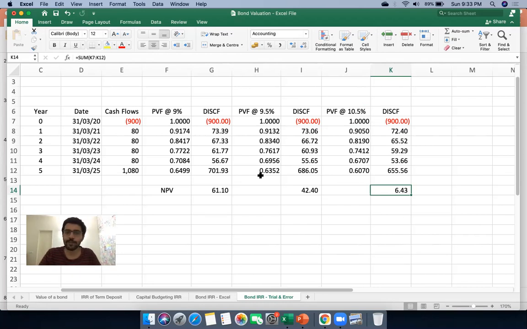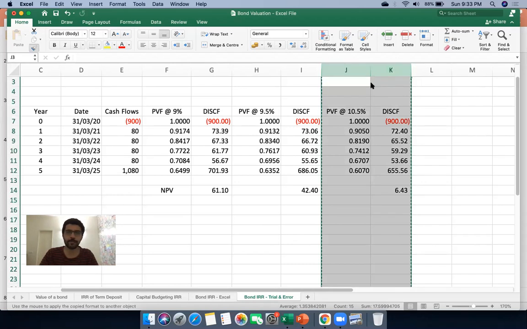Now, again, if you remember, when I increased it from 9 to 9.5, it got reduced by about $20, right? So again, if I increase from 10.5 to 11, the NPV will probably become minus 15 or something like that. Okay, let us see how it is when I discount it at 11%.